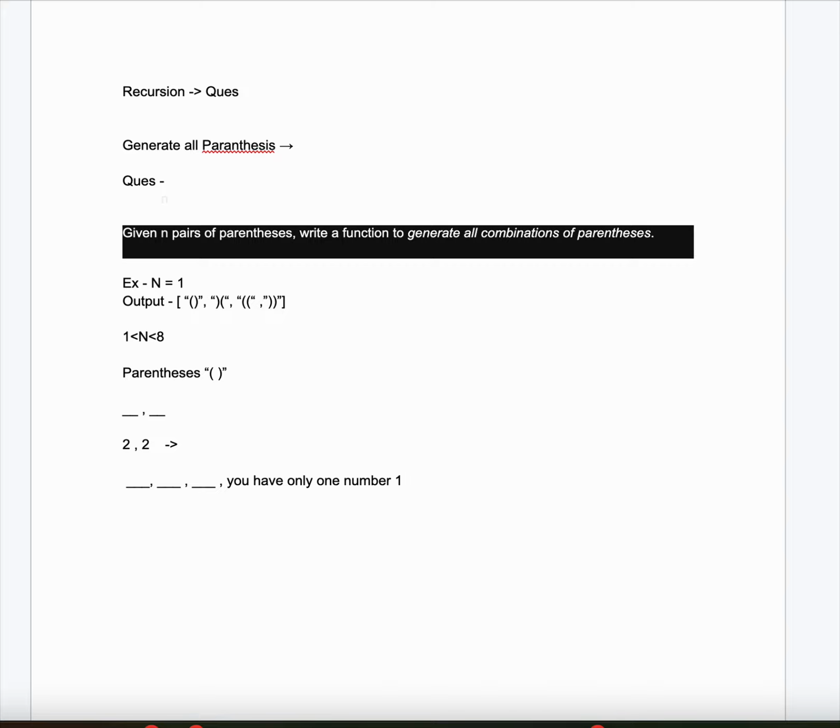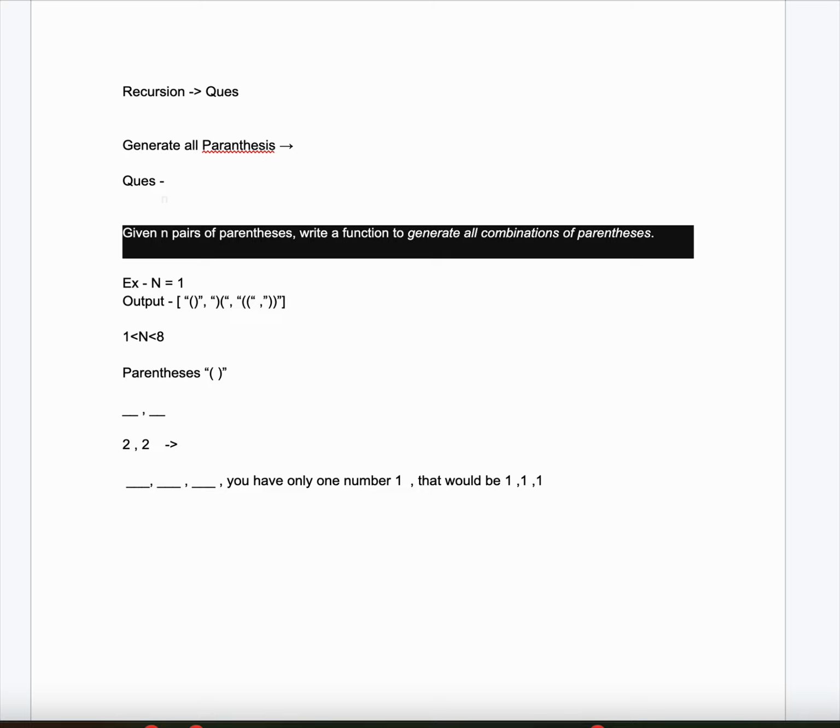You can have only 1, 1, 1, because you have only one choice at every place. You have one choice at the first level, one choice at the second and the third. You multiply all these, you get one.